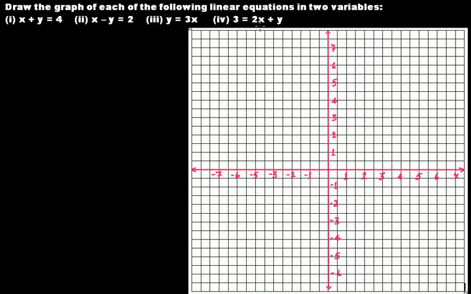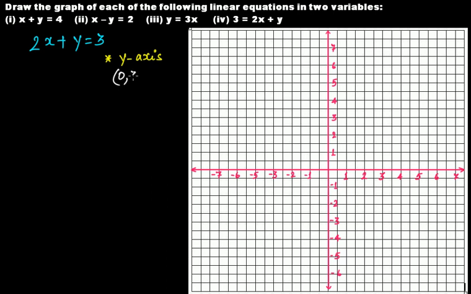In this case, you have 3 is equal to 2x plus y. So this is actually 2x plus y equal to 3. First check what point your line will pass through on the y-axis. When you have to check on the y-axis, you always put x equal to 0. So when you put x equal to 0, you'll get y equal to 3.